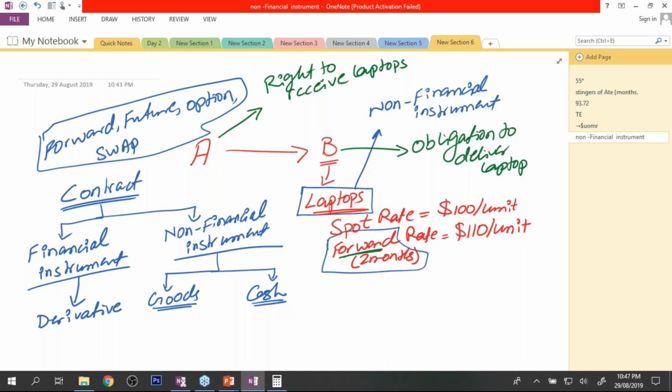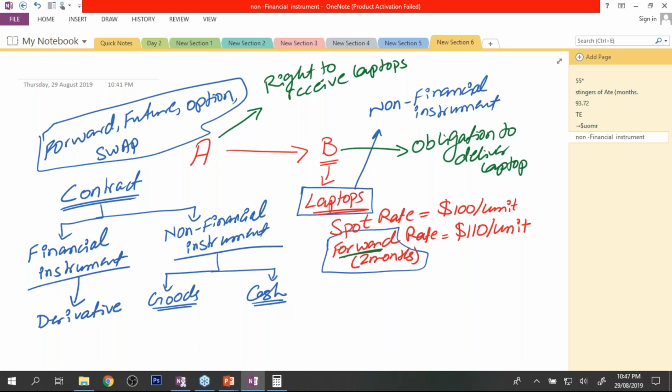Similarly, your obligation to deliver laptops is not a financial instrument, but your obligation to deliver cash would be a financial liability. So the point is that we have to see whether the contract is a financial asset or not.